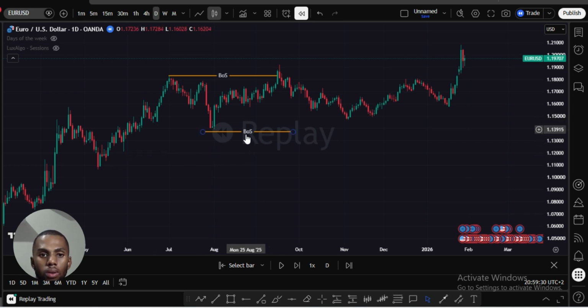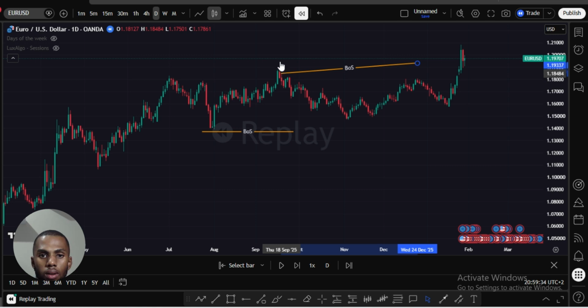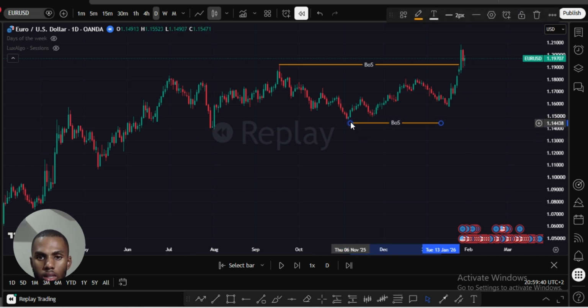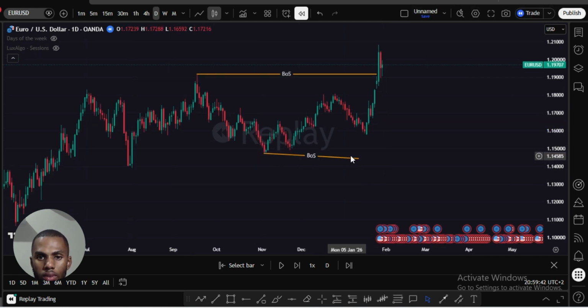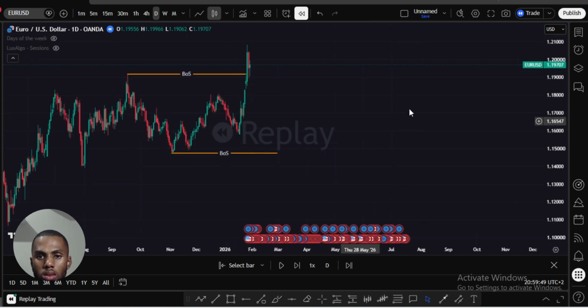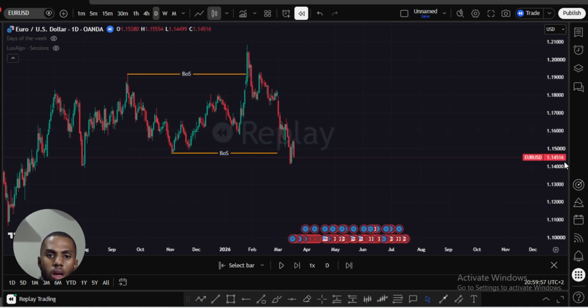There we go. Here's another break of structure. We drag this line across, and then this low right here. If the market breaks this low, this will be our next break of structure. There we go.